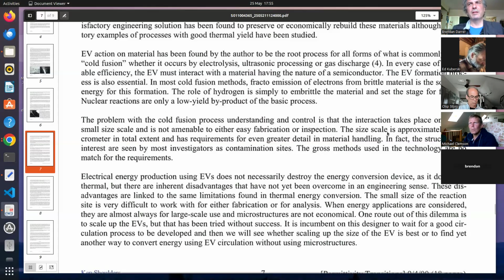The size scale is approximately 1 micrometer in total extent and has requirements for even greater detail in material handling. In fact, the structures of interest are seen by most investigators as contamination sites. The gross methods used in the technology are no match for the requirements.